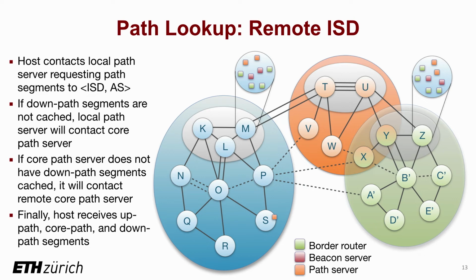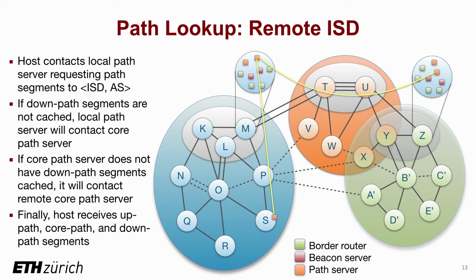And so if the down path segments of AS E prime are not locally cached, then the local path server will contact a core path server. We can see this in this example here. So the orange path server inside AS S contacts a core path server in core AS M. And you see this through this yellow line.